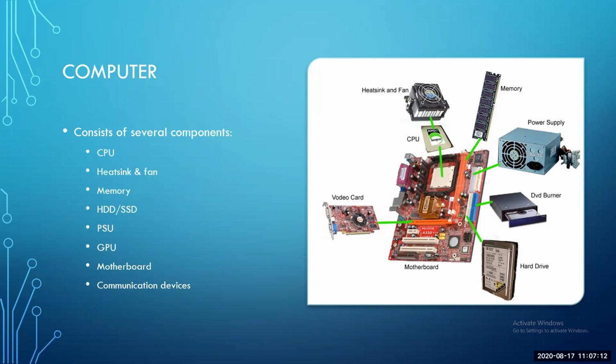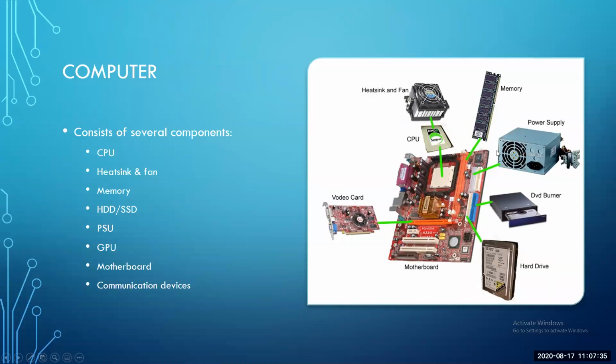What does a computer consist of? There's a CPU, this little chip right here, the central processing unit. There's a heat sink and a fan, which is responsible for cooling that CPU. There's memory, where programs are stored and run from. There are hard drives and solid state drives, where we store our data.